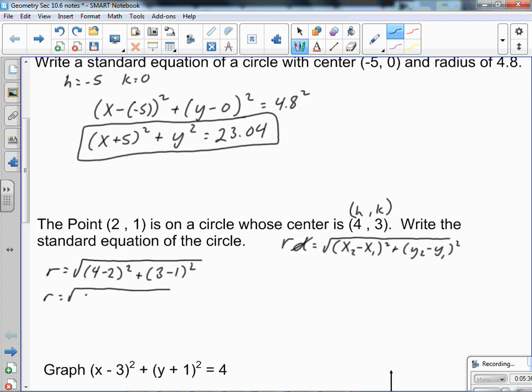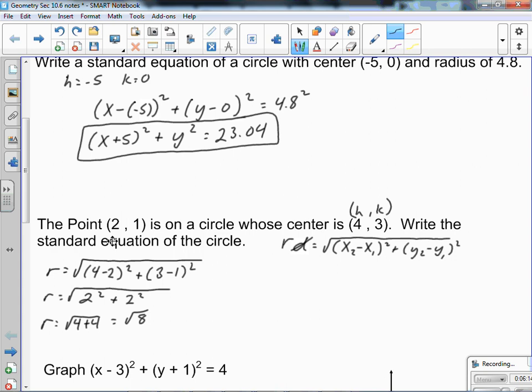So 4 minus 2 is going to be 2 squared. 3 minus 1 is 2 squared. So our radius is going to come out to be the square root of 8. And then we can use that along with our h and k. And now we can build the equation of the circle.